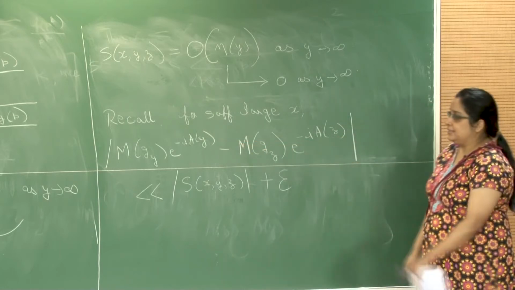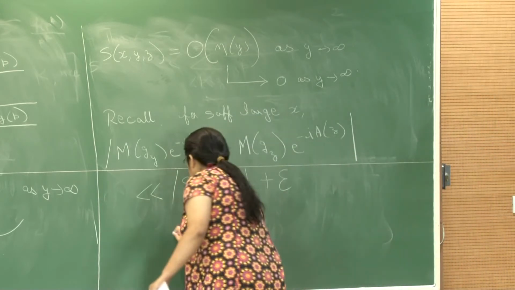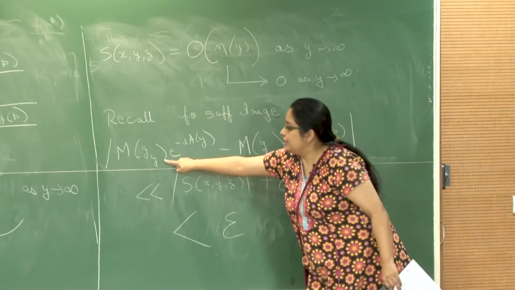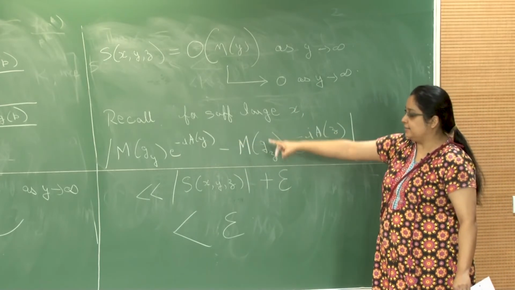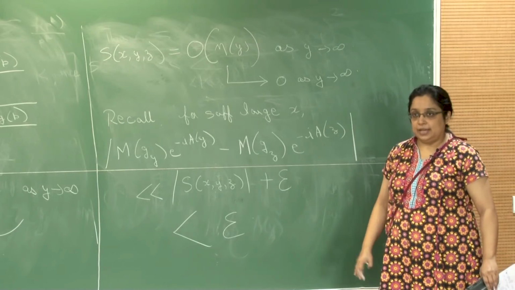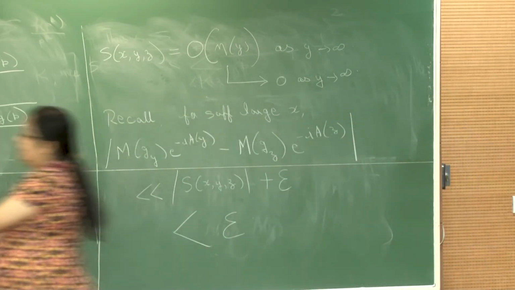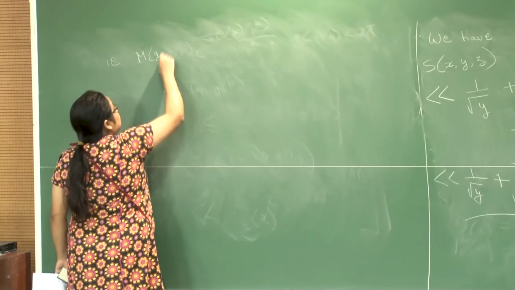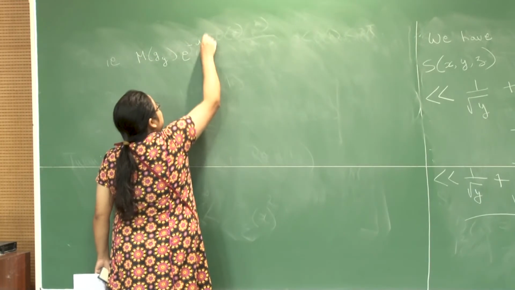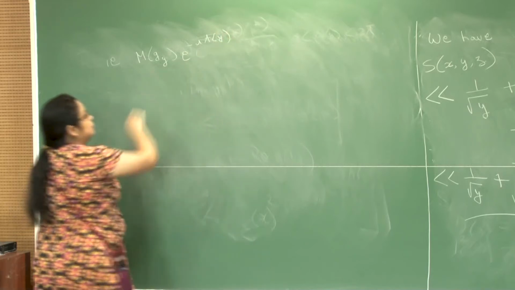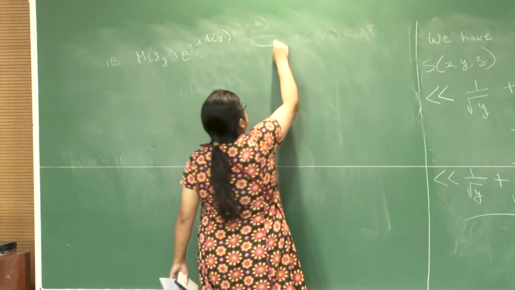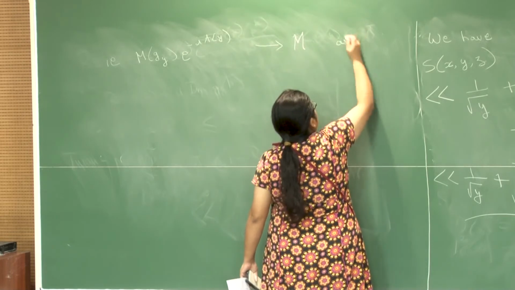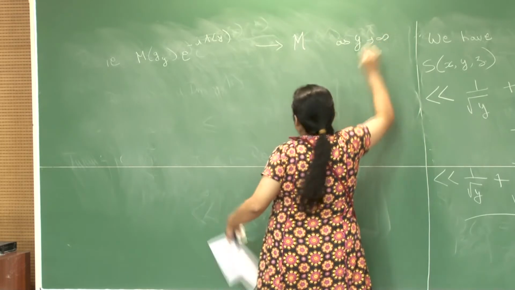Therefore, this sequence of m of g sub y times e to the minus i a of y is a Cauchy sequence, and therefore it converges to some finite limit m as y goes to infinity.